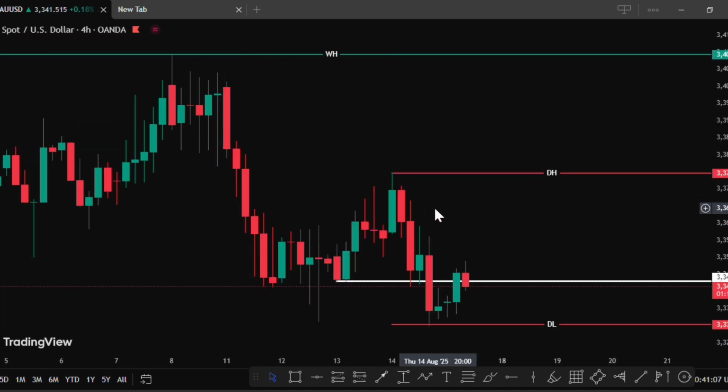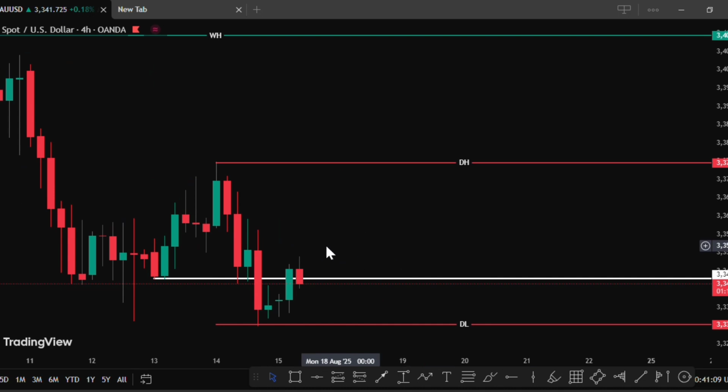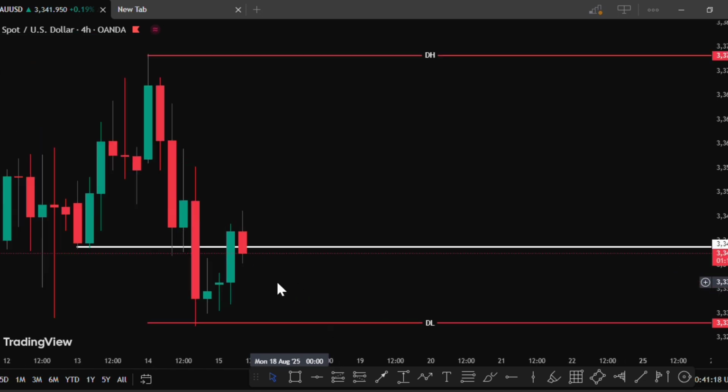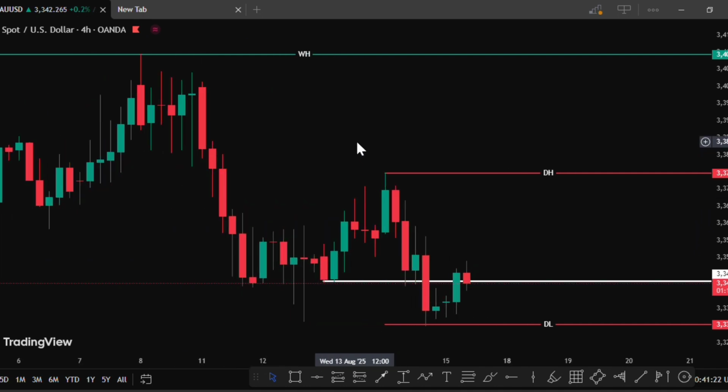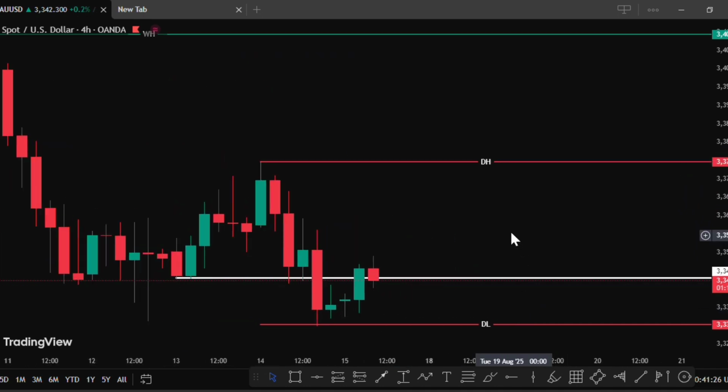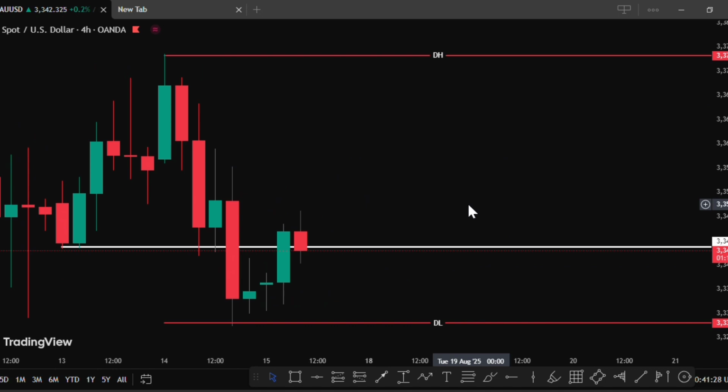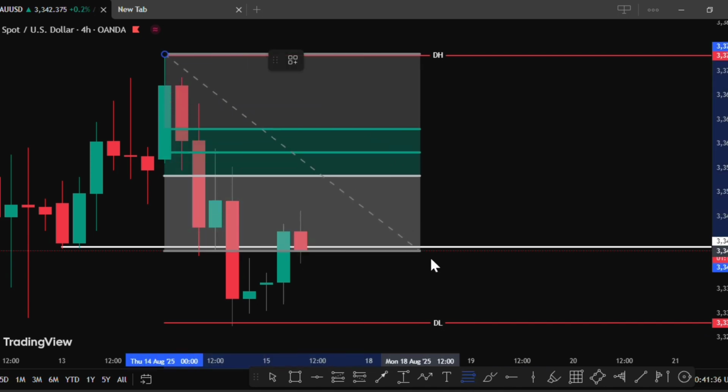So you're on a 4-hour time frame. I have marked my line where price might sell, but if you can see, the price continued to push higher and it has started to drop. The first thing I do, we have the last daily high and last daily low. I want to use my Fibonacci retracement tool to find a good level to sell.